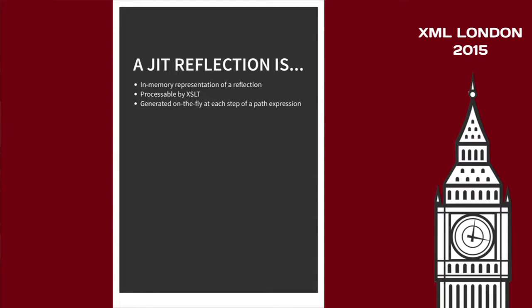And what that means is that in memory, you use the same structure that's used by your XSLT processor after parsing. So when your XSLT processor executes it, it doesn't see any difference between your reflection and a normal XML file.